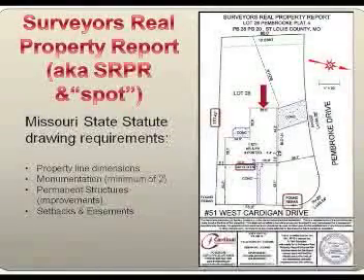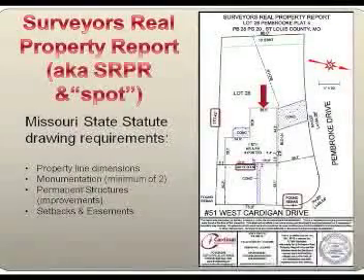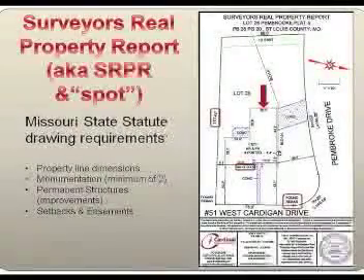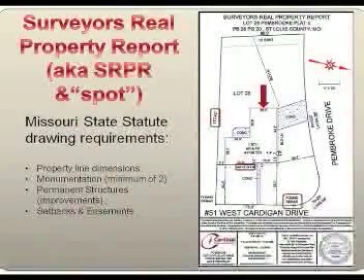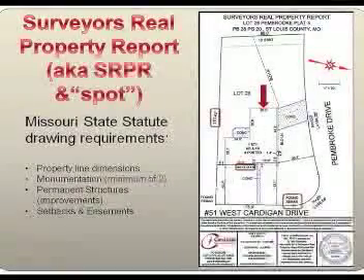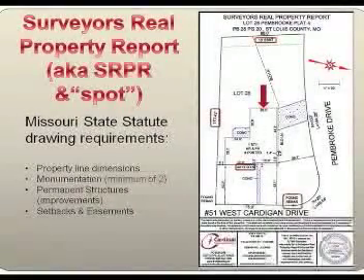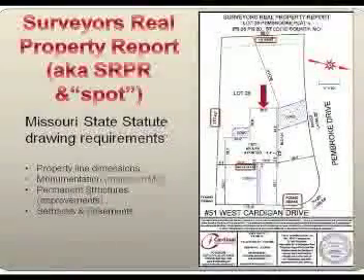You're also going to find the setbacks and easements. The setbacks would be those building lines that the county says we have to put our house behind. The reason those exist is so that you don't have one house right up against the curb and one way far in the back of the lot. It just makes it more aesthetically pleasing as you're driving down the street, and it makes it so that everybody's kind of centered in their lots.